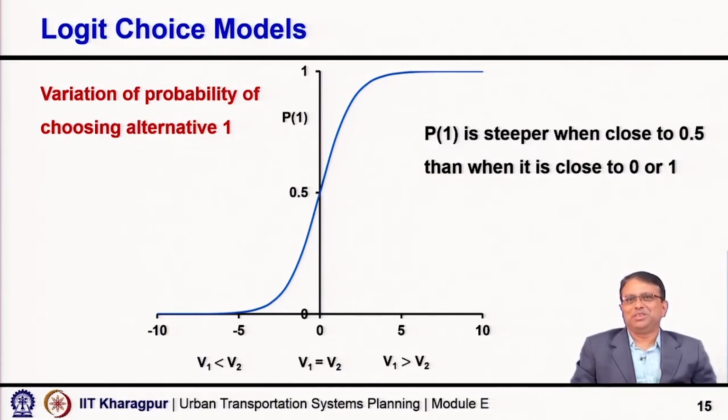Still some people will use it. Maybe the probability will come down, but it will not become 0. Also, it will not become 1, because there are other factors, there are error terms, there are other considerations. So the maximum change will happen around 0.5 probability, or when the utilities of the two alternatives are equal, and as you go away the impact becomes less and less.